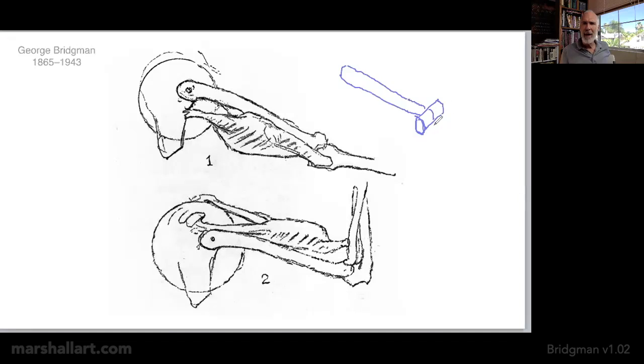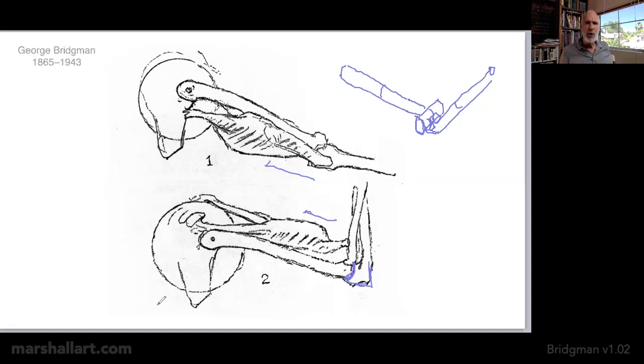And then if we've got an ulna in a position like this, it grips as a hinge joint around here. So that when the triceps pull, it straightens the arm. And when the biceps and brachialis pull, it flexes the arm.